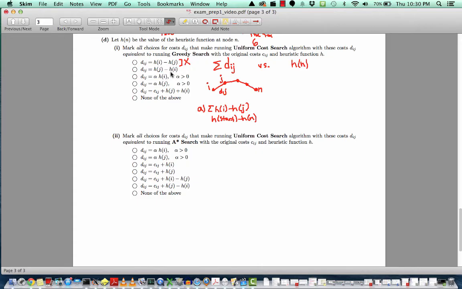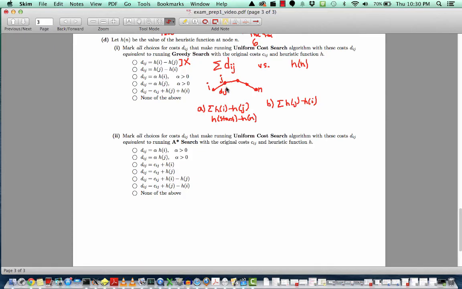Next, if we consider when dij is equal to h of j minus h of i, the sum of dij is going to be equal to the sum of h of j minus h of i. In this case, we're adding each time the second node of the edge, subtracting the first node, then adding the second, subtracting the first.